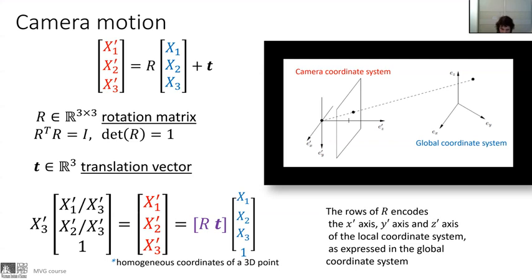Right, but here in the leftmost representation, you take the x3 prime out. Ah, right. So why is that? I told the following thing. In order to get the representation of a point in the 3D world, I take the camera matrix RT and multiply it by the representation of the point in the 3D world and get a new representation in the local coordinate system. This is the red one.